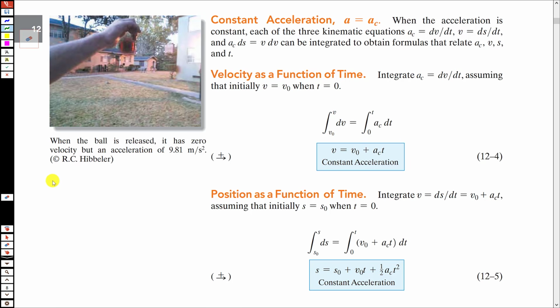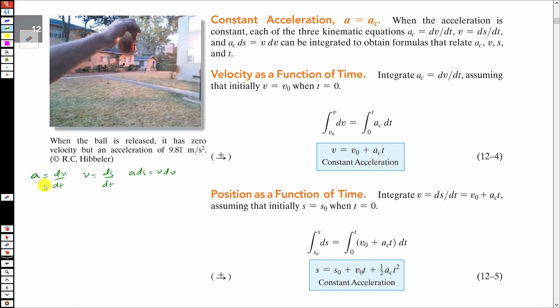Now we have derived three equations: acceleration is dv by dt, velocity is ds by dt, and a ds is equal to v dv. Now consider the case when the particle is moving with constant acceleration.